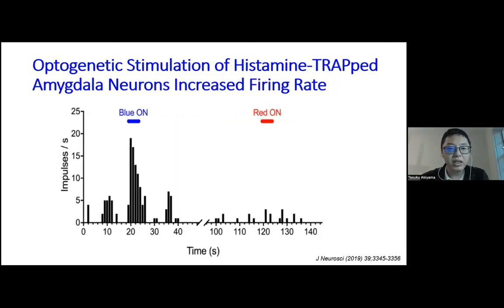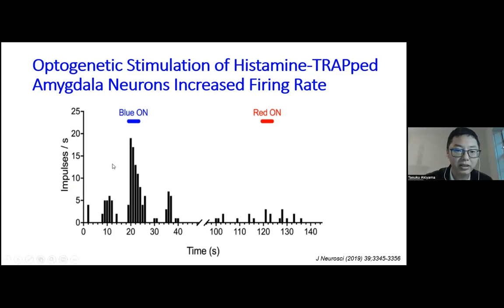Using those mice, we did in vivo electrophysiology, and we recorded from the amygdala neurons while we delivered the blue light. Since the histamine responsive amygdala neurons have the light sensitive channel, by delivering the blue light we can activate the amygdala neurons.